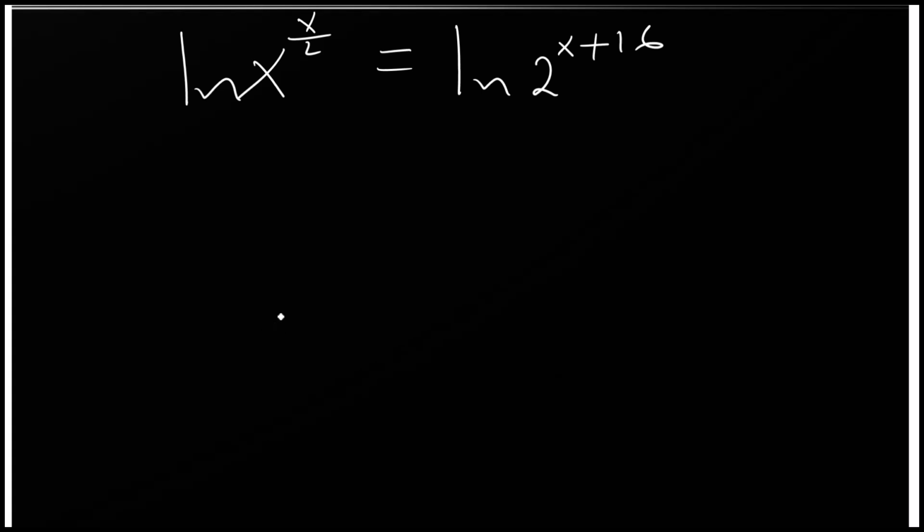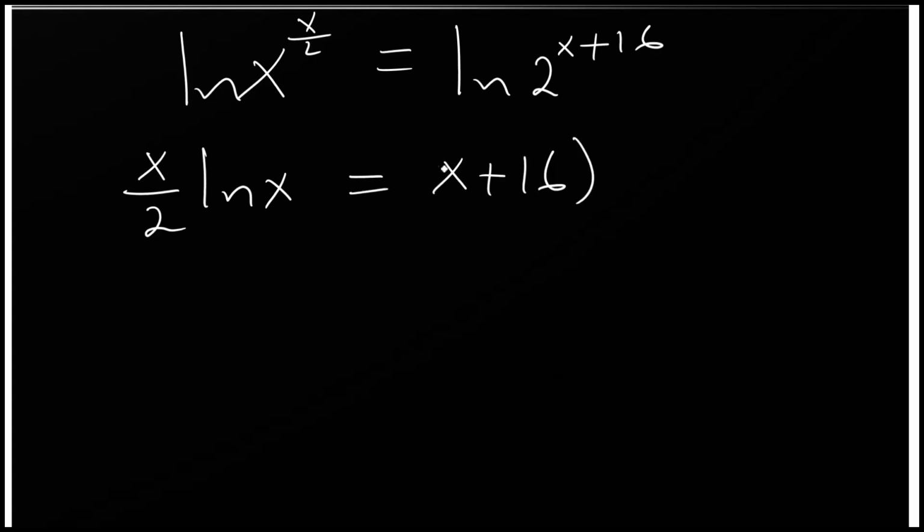Okay. Now from here, we can say x on 2 ln of x equals x plus 16 ln of 2. Alright. Now let's be very careful here.